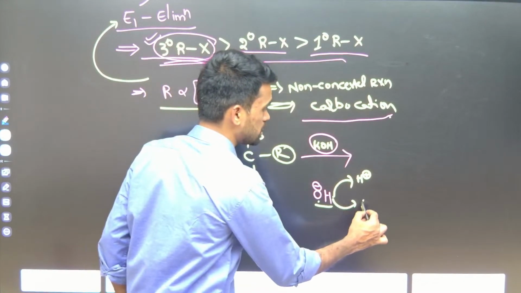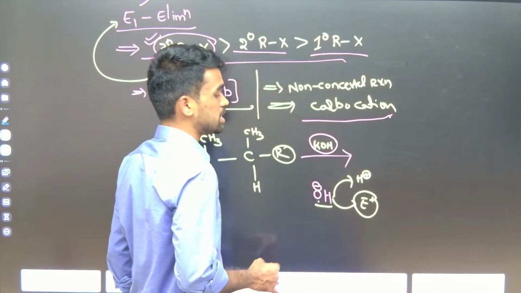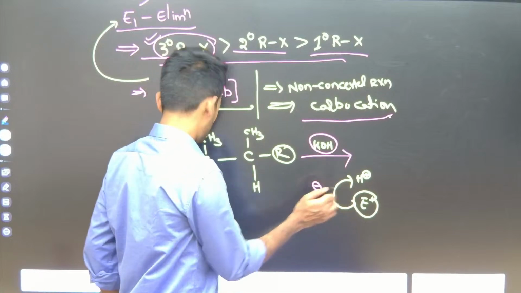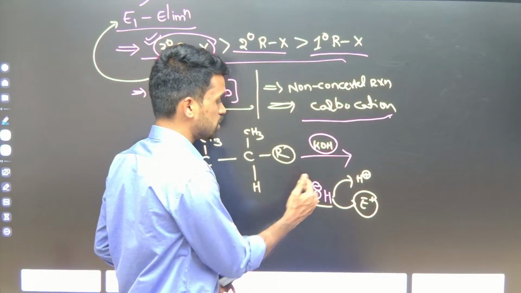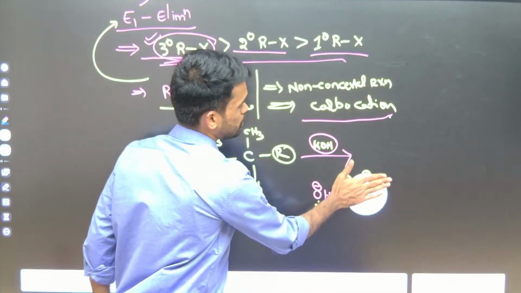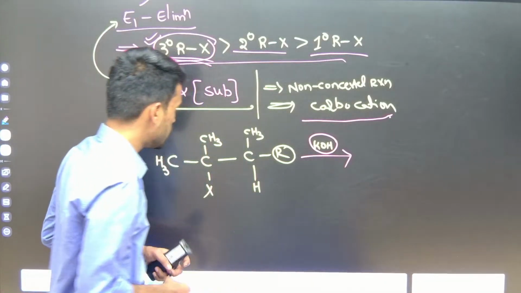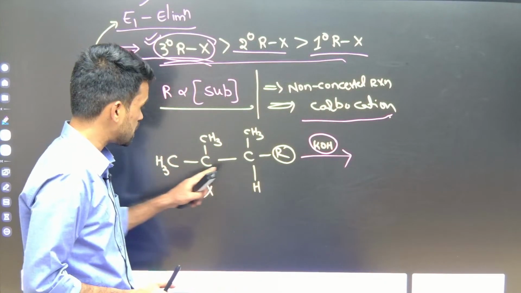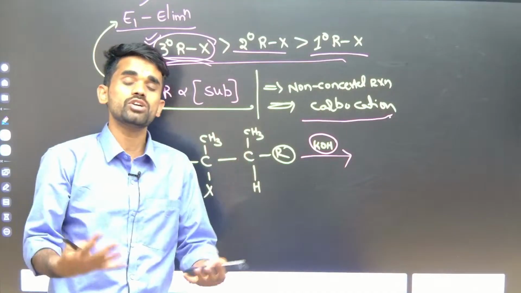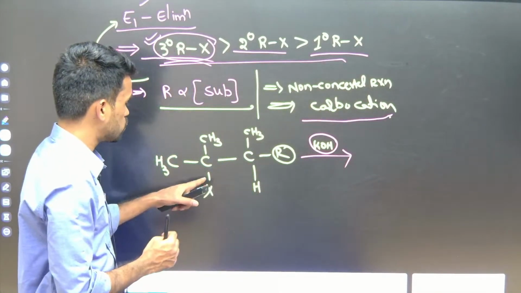If it is attacking any electron deficient site, then you can say it's a nucleophile. This is the major difference between a base and a nucleophile. In these elimination reactions, it should act as a base. It should abstract the proton, not attack the carbon. If it attacks this carbon, it becomes a substitution reaction. So it should abstract a proton adjacent to this leaving group.